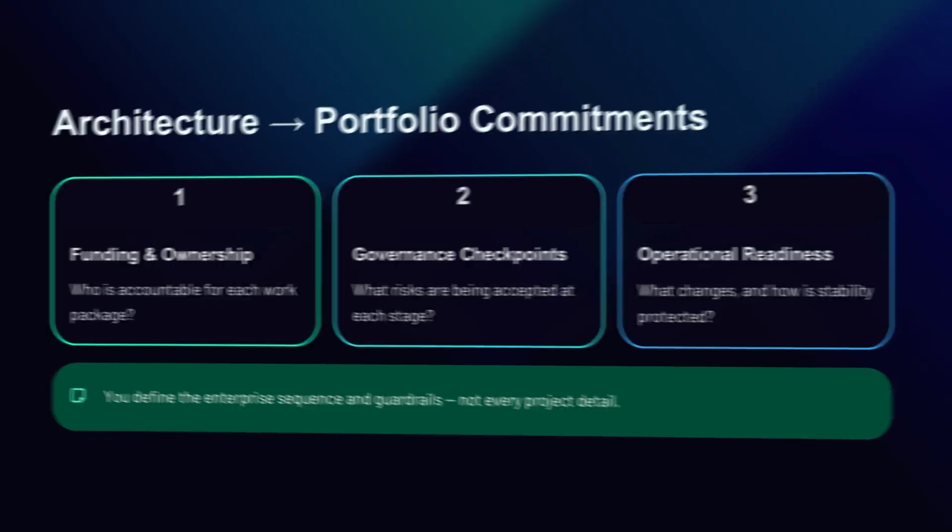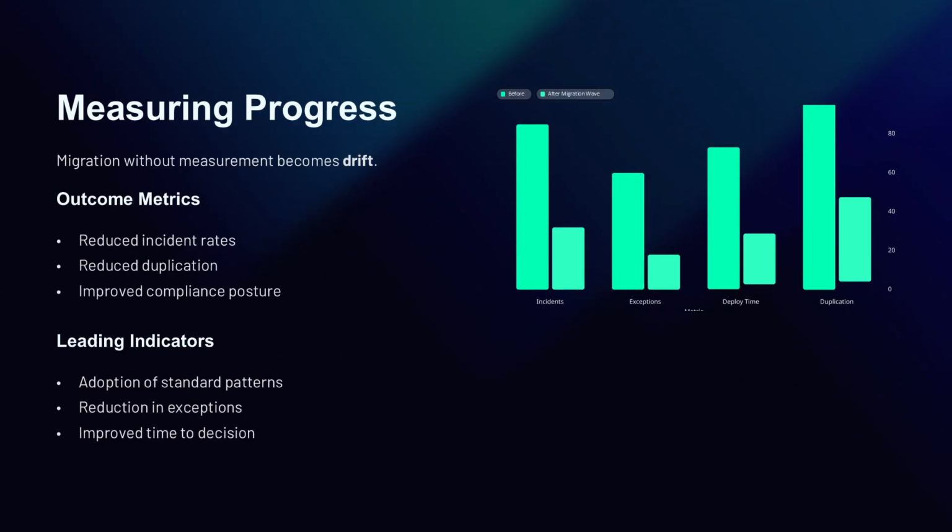Now that the delivery plan is formed, you need progress measures because migration without measurement becomes drift. You measure progress not only by volume, such as number of systems migrated, but by outcomes such as reduced incident rates, reduced duplication, improved value stream performance, and improved compliance posture.